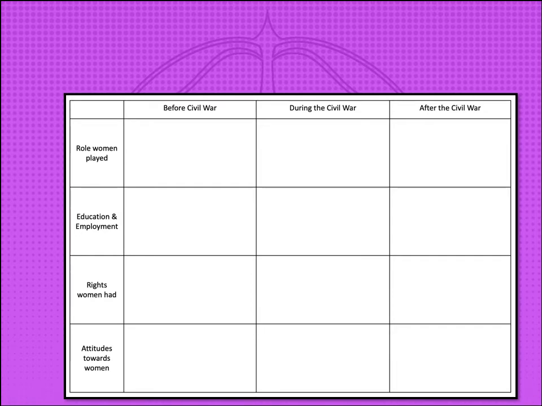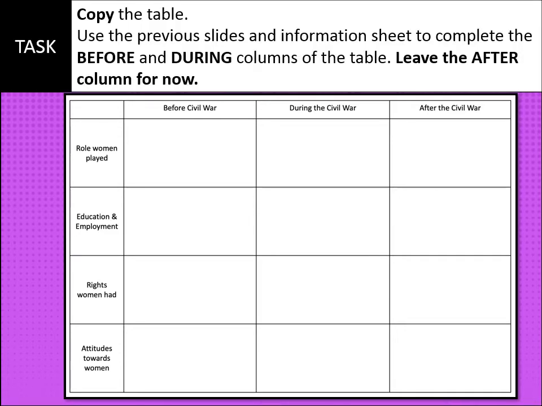You are now ready to do a task. The first thing I would love you to do is, as you can see on my screen, I have created a table. So the first thing I'd like you to do is to copy that table down. You can either do it on your computer, or you can obviously do it by hand.